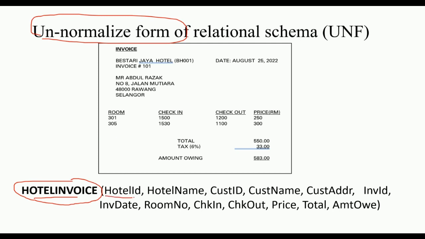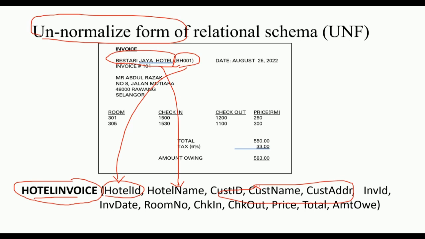So we have a hotel ID. Where do we get it? This is from the hotel number. The hotel number is the hotel ID. So we extract all the data or attributes from the report or the invoice into the relation schema, the hotel invoice. And then the Vista Jaya Hotel is the hotel name. Customer name and address is this one, right?